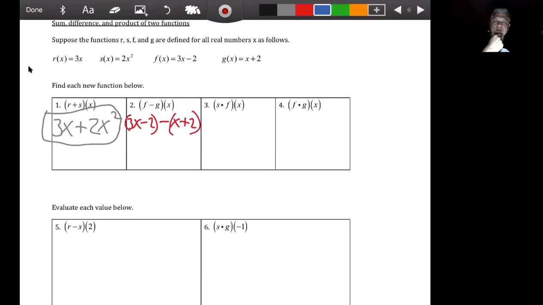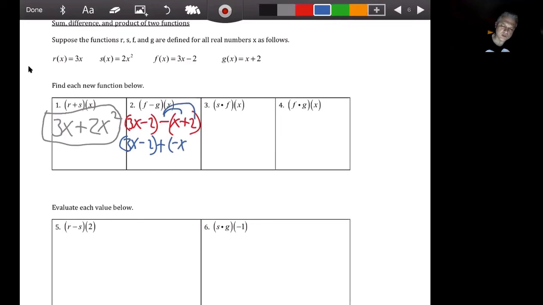I believe we did this either at the beginning of this unit or in the previous unit. If you are subtracting one polynomial from another, some people can say 3x minus x, easy, minus 2 minus positive 2, easy. Other people really need to rewrite this as an addition question. Minus x is like saying plus negative x.